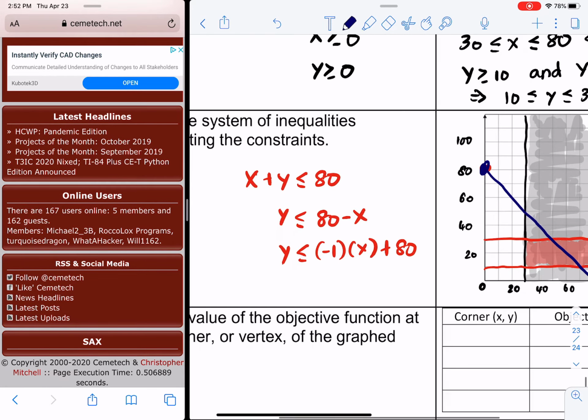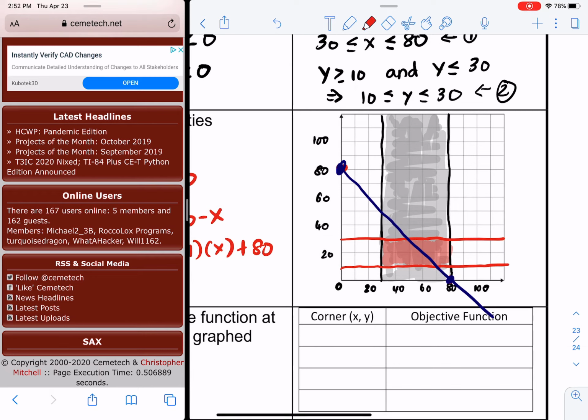And we have less than or equal to, so we're going to shade below the line. And that's good enough because the other two constraints restrict us to that particular region.